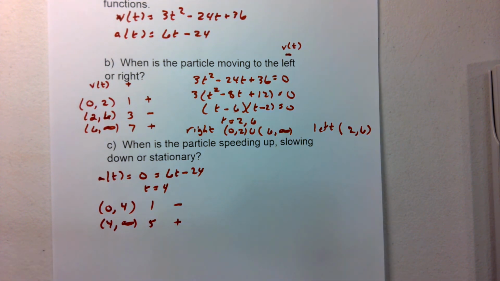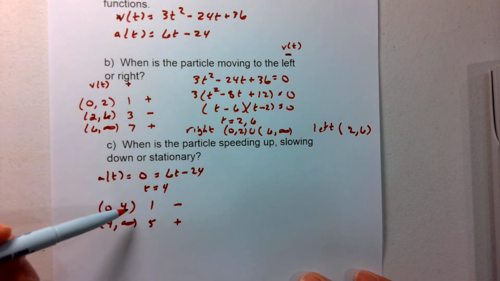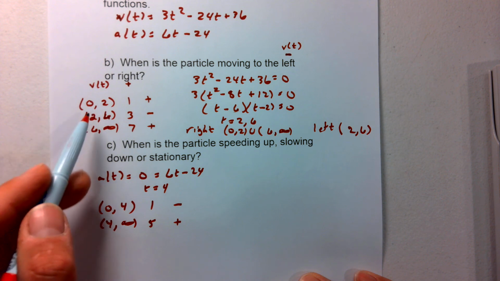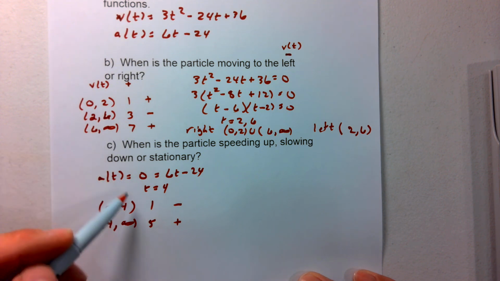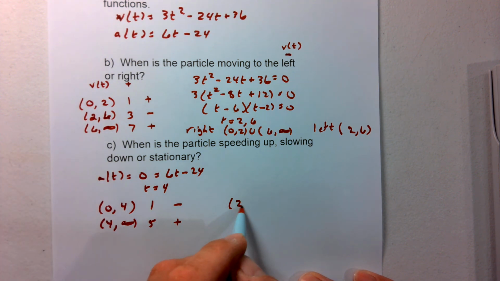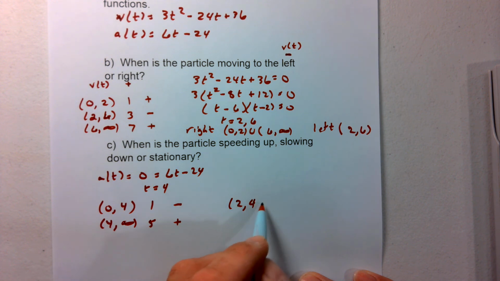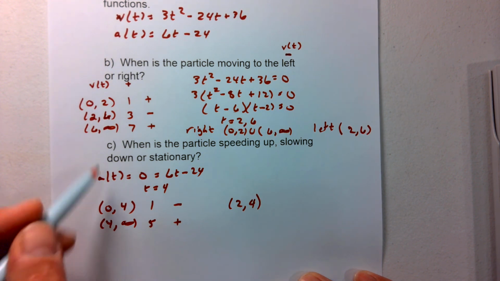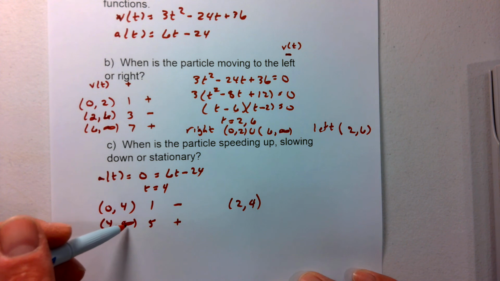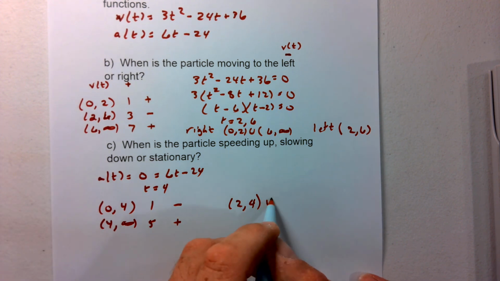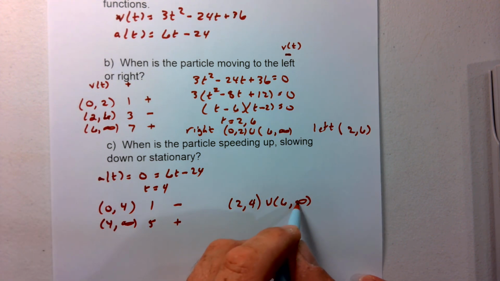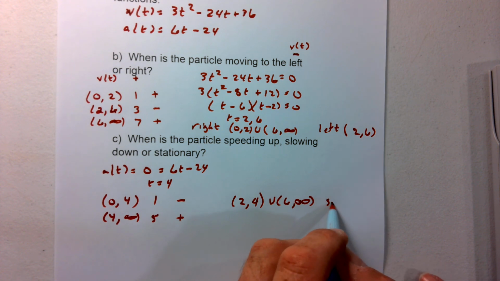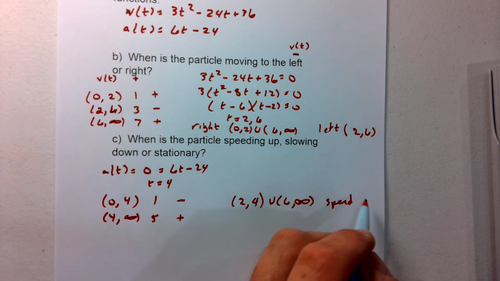So again, we're interested in at what values they are the same. Well, I'm negative from 0 to 4 and also from 2 to 6. So those are going to overlap on 2 to 4. I'm also positive from 6 to infinity and 4 to infinity. So they're going to overlap from 6 to infinity. So I'm going to be speeding up on those intervals.